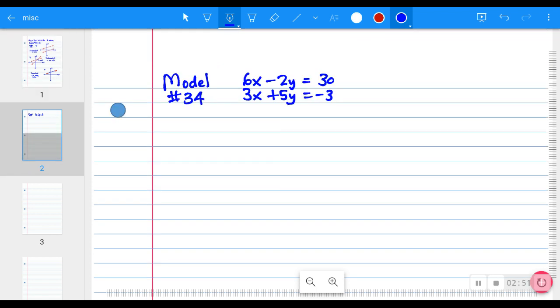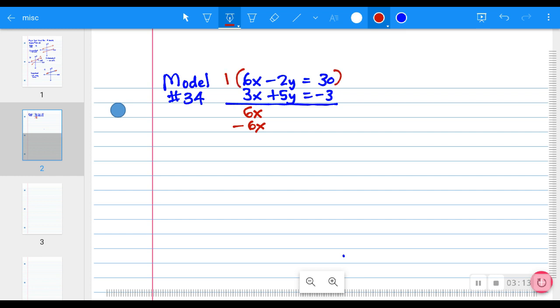Example 34. We're going to solve this algebraically, and I'm going to use the elimination method here. And you're going to start with multiplying the top and the bottom in order to eliminate the x value. Here we're shooting for a 6x and a negative 6x. The top line just has to be multiplied by 1.